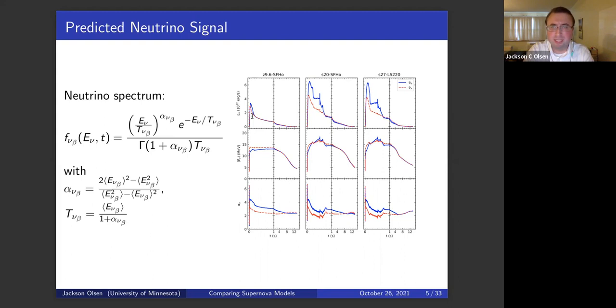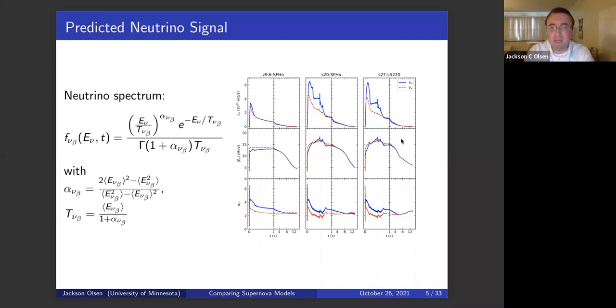There's not much happening. Whereas with the 20 and the 27 solar mass stars, there's a much more pronounced accretion period, in particular with the 20 solar mass star.